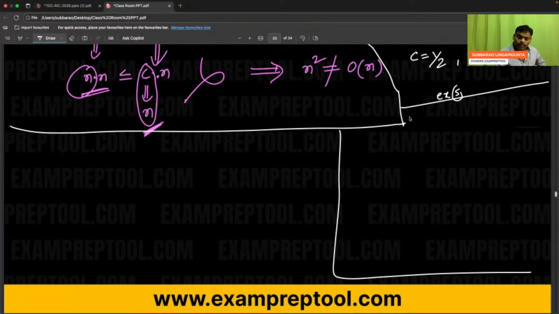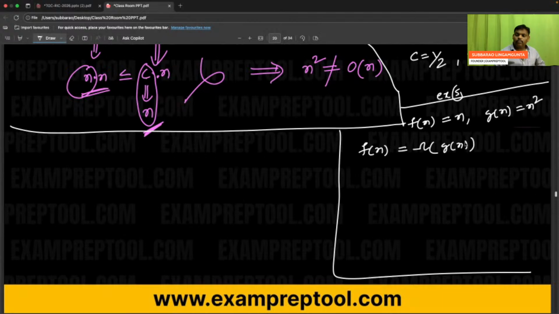Careful. F of n is n. G of n is n square. I have to prove F of n is omega of G of n. F of n is equal to omega of G of n.